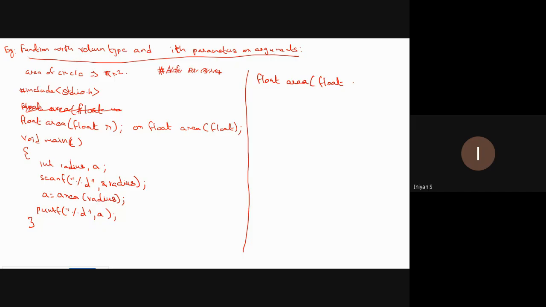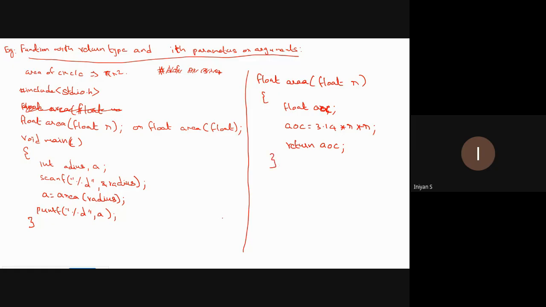Any variables you can declare, R also is fine. How will you calculate? Float AOC, area of circle. AOC equals 3.14 into radius R into R. Return AOC. That's it.